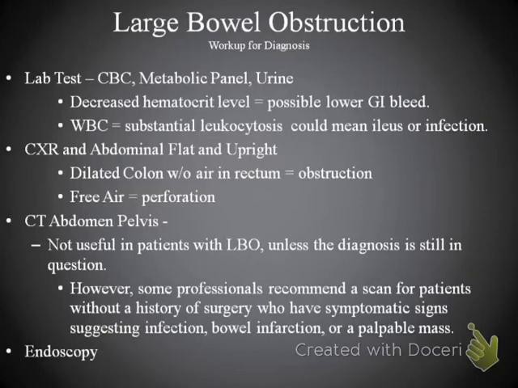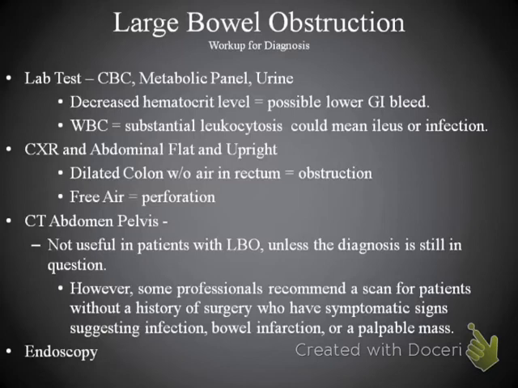But in terms of the CBC, we should see a decreased hematocrit level, which can be indicative of possible lower GI bleed, white blood cell count, substantial leukocytosis, could mean ileus or infection. And so we look for these things to actually demonstrate maybe a large bowel obstruction.